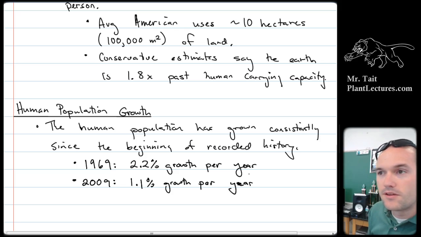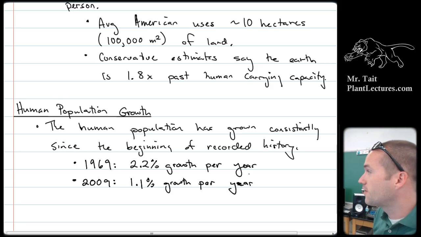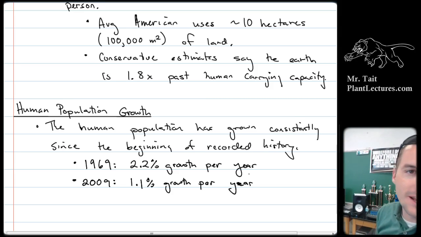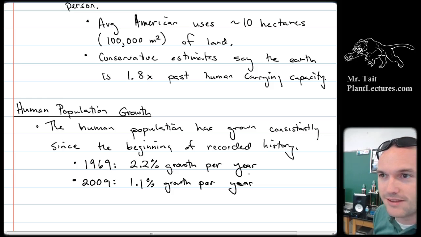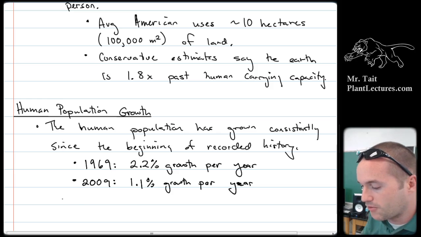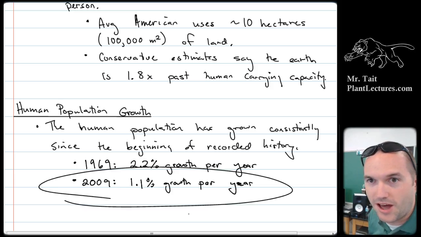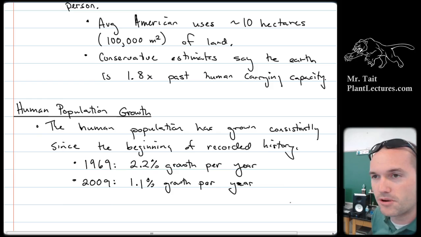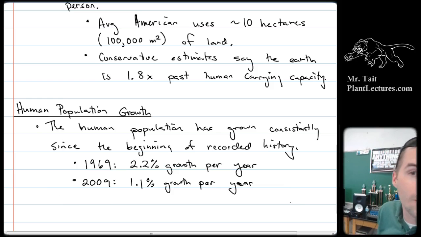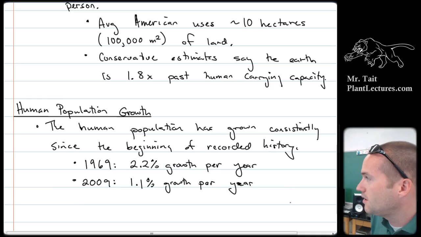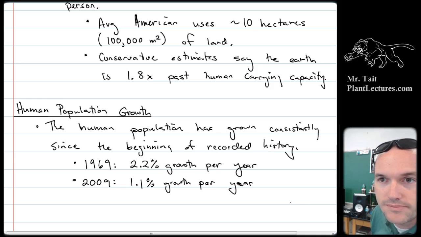So we're like, yay, we've done it, right? We've reduced the growth per year, but this is a percentage, and that doesn't really mean anything, because there was still more net growth in 2009 than in 1969, because 1.1% of 6.8 billion is still a lot. So this is the problem: we're in exponential growth, and exponential growth is going to continue to grow exponentially even if you reduce the growth per year, right?